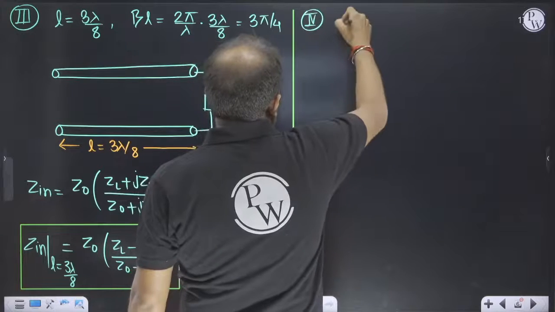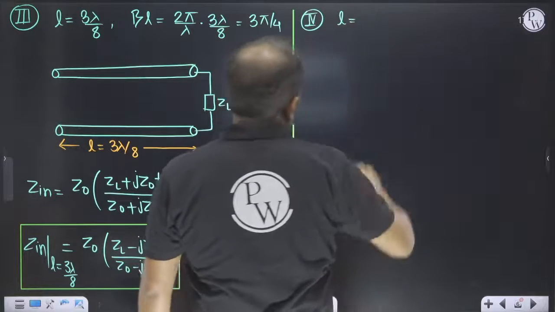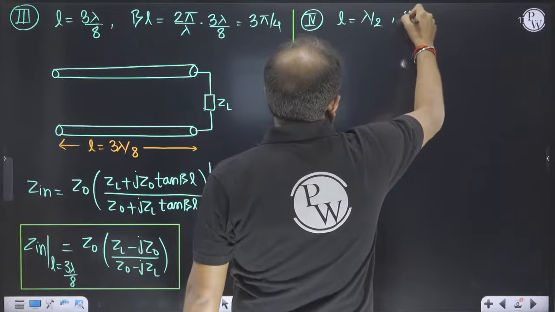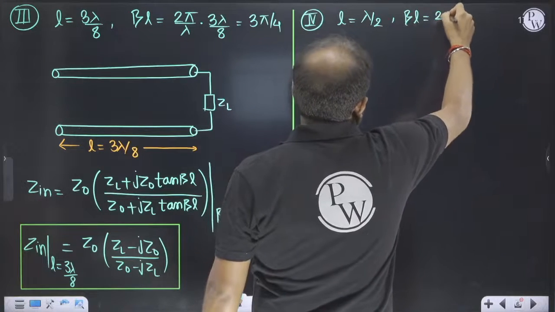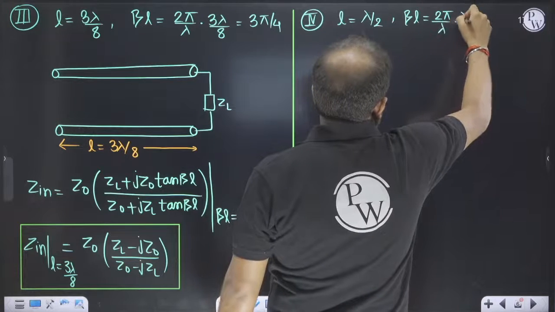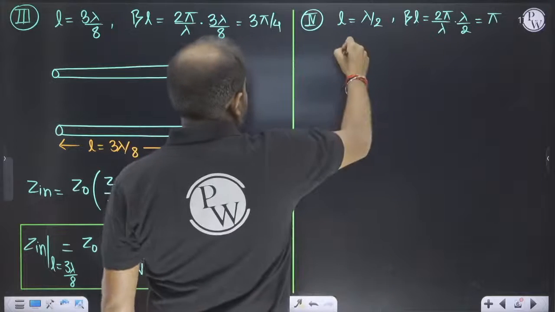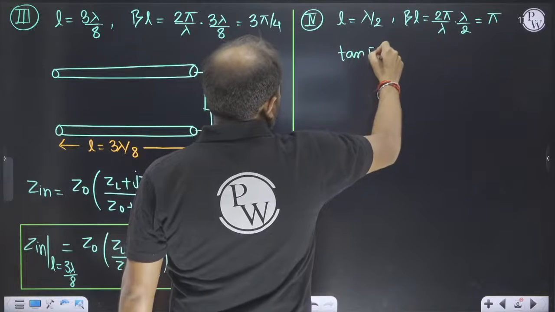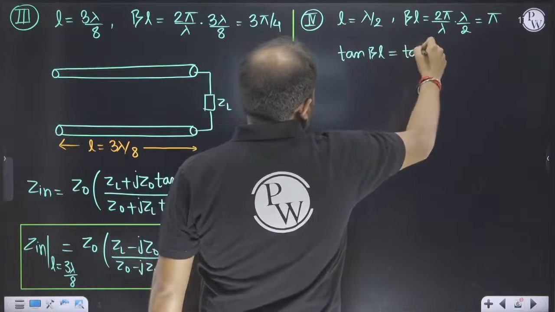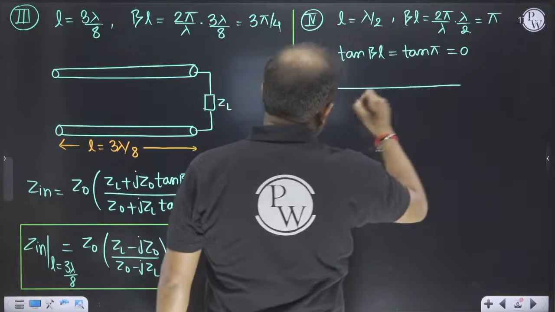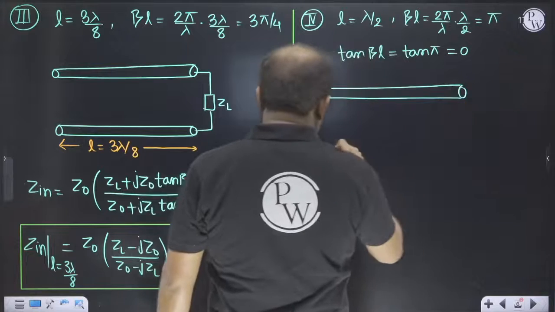So what will happen at lambda by 2? Our beta L will be equal to 2 pi by lambda into lambda by 2, so it will be pi, and tan pi is equal to 0.